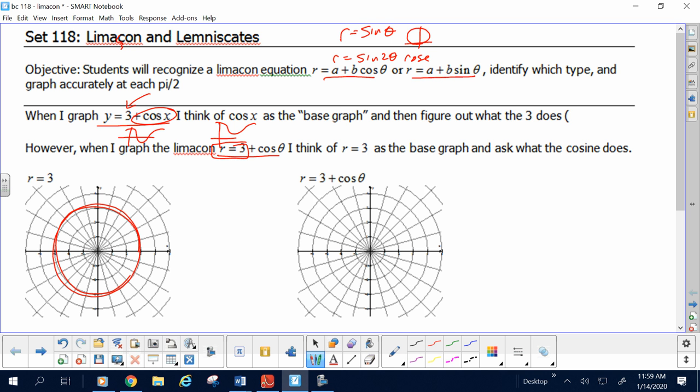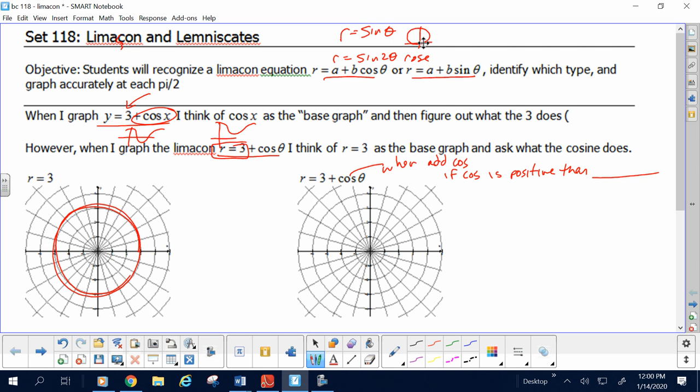Now, when we go to change the graph by adding a cosine, let's consider how it will change the graph, keeping in mind what r means is distance from the origin. I think you'll agree that when you add the cosine, if cosine is positive, then r will get bigger or smaller?